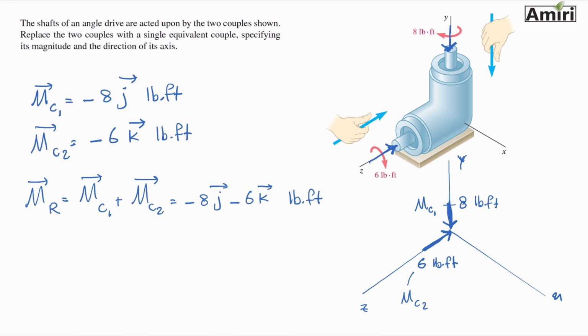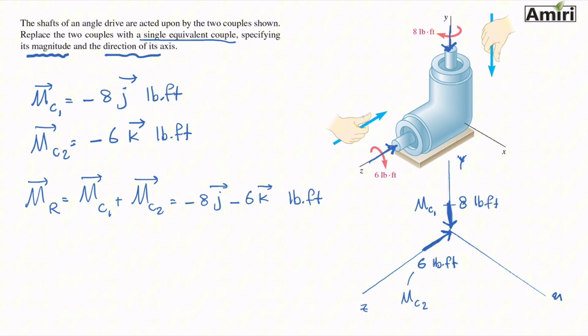So this is your resultant moment, the single equivalent couple. Our job is kind of done already, but it asks us for specifying its magnitude and direction of its axis.